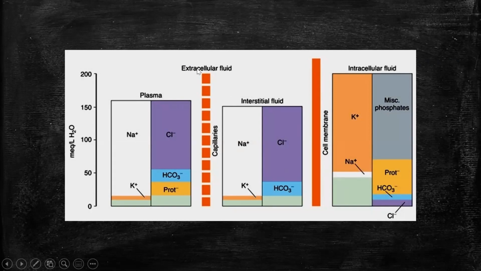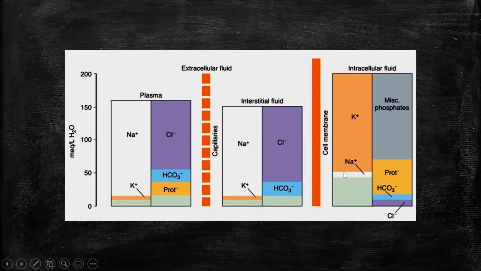For the extracellular space represented up here, we've got this membrane with these pores. And really, all the colors look the same. What you notice, however, is that there's a large amount of plasma proteins in the plasma space that don't exist over here in the interstitial space. By the same token, the difference between the extracellular space and the intracellular space, for our purposes, is going to be sodium.